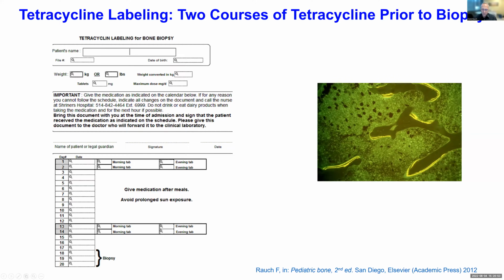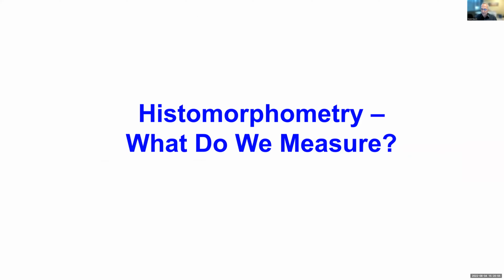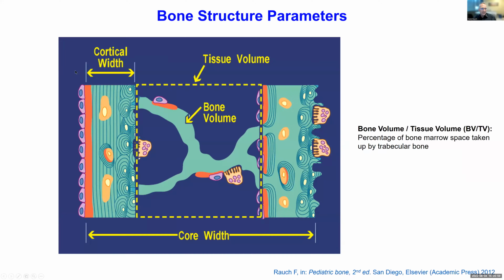So what do we want to measure once we got the sample? So this is the entire sample in schematic form. There are different types of parameters that we try to get from a sample. The structural parameters, that's like the size of this sample, which I already mentioned, is the core width. Then you can measure the cortical width or cortical thickness.